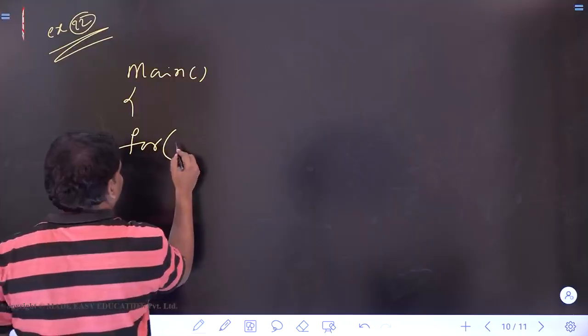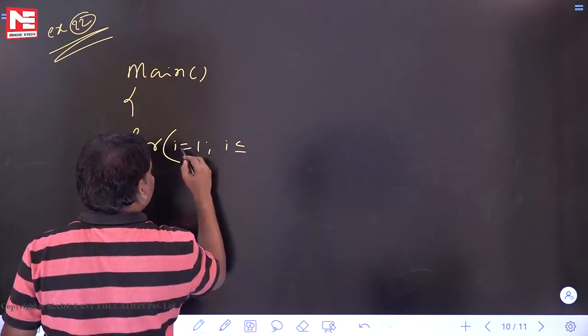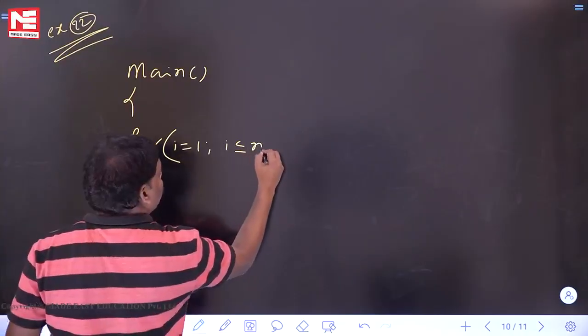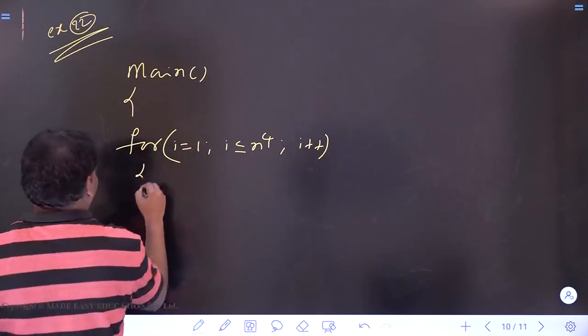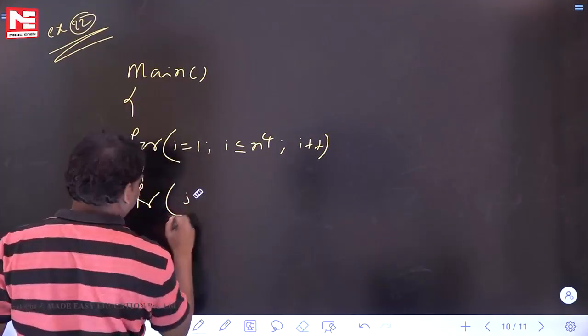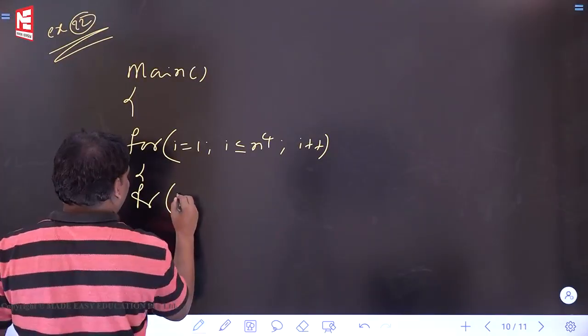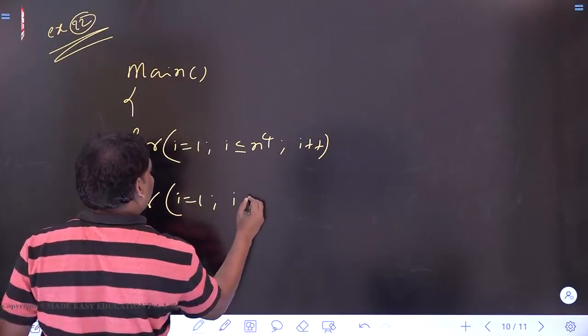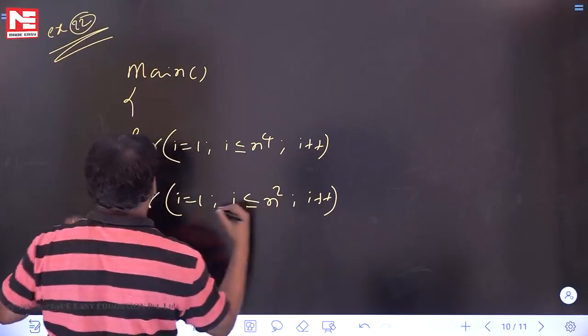for I is equal to 1, I less than or equal to n power 4, I plus plus. For I is equal to 1, I less than or equal to n square, I plus plus.